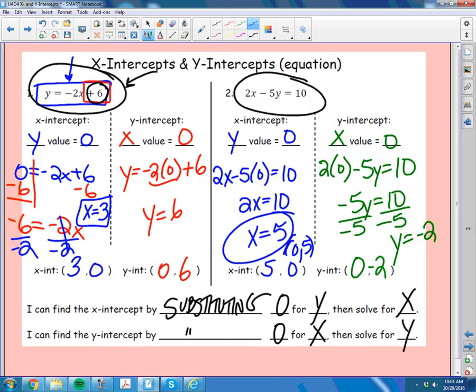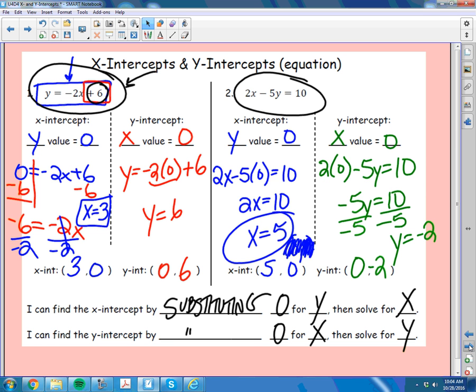If you decide that x is 5, please put the 5 where the x goes. If you find that y is -2, please put the -2 where the y goes. You'd be amazed how many people make 30s on this work because you did everything right and everything wrong at the exact same time. It's the most amazing feat ever.